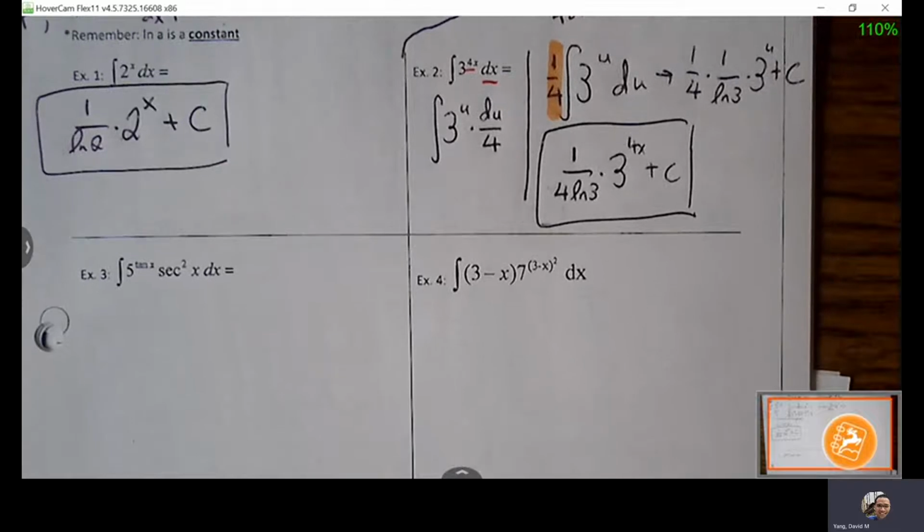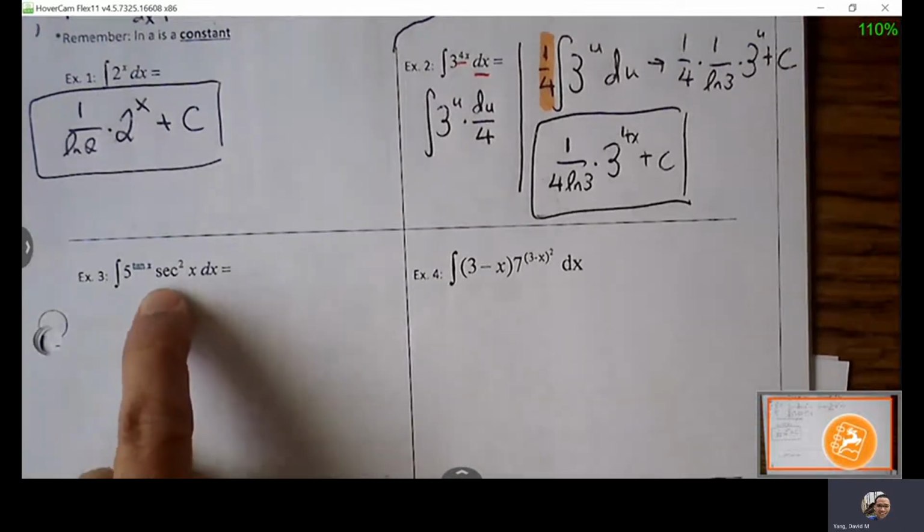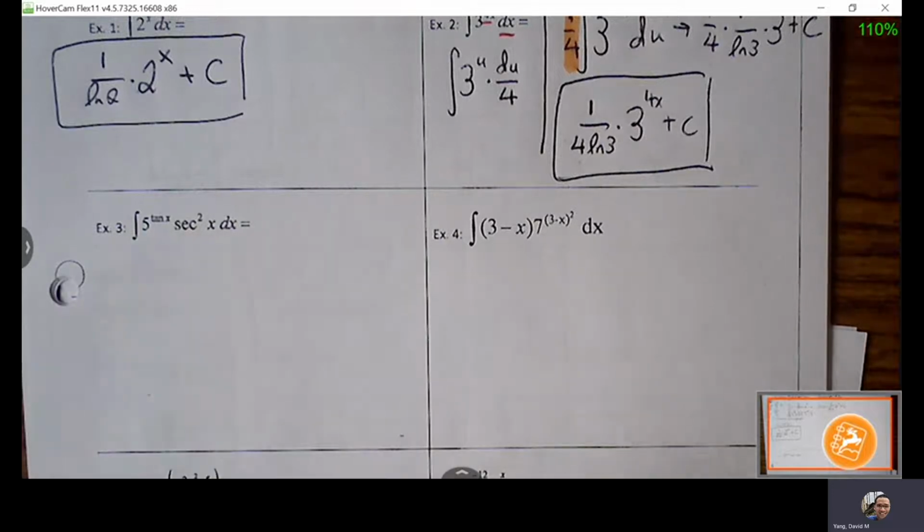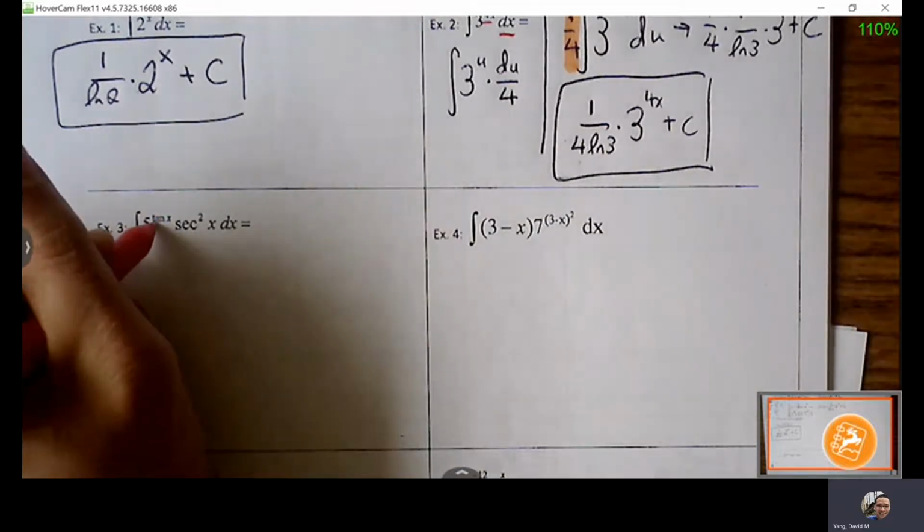Okay, number 3. Okay, we observe this problem. This is too complex for any one rule to manage. We got to go through u substitution. Okay, what could be our u value? 10x. Okay.